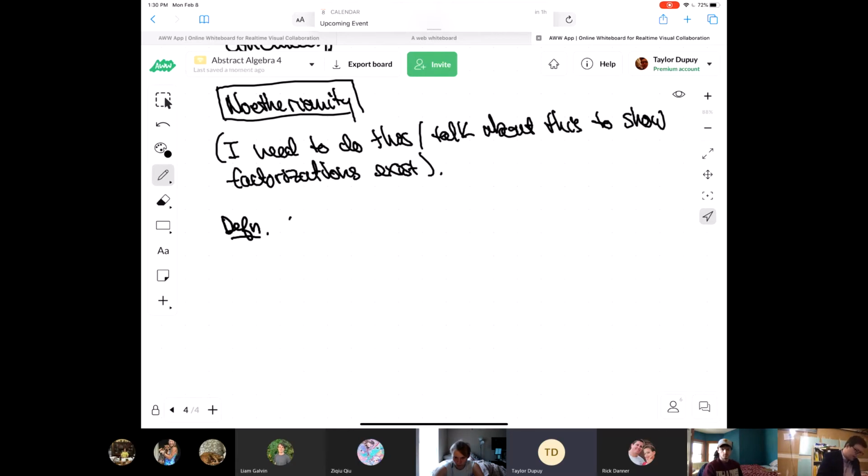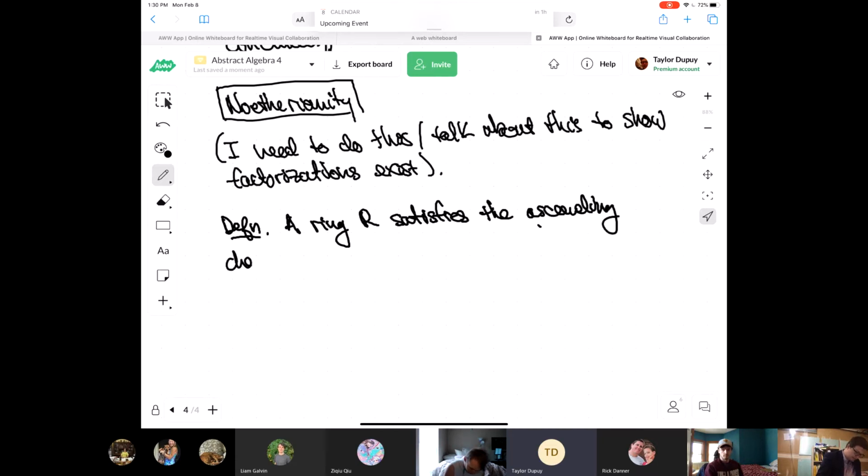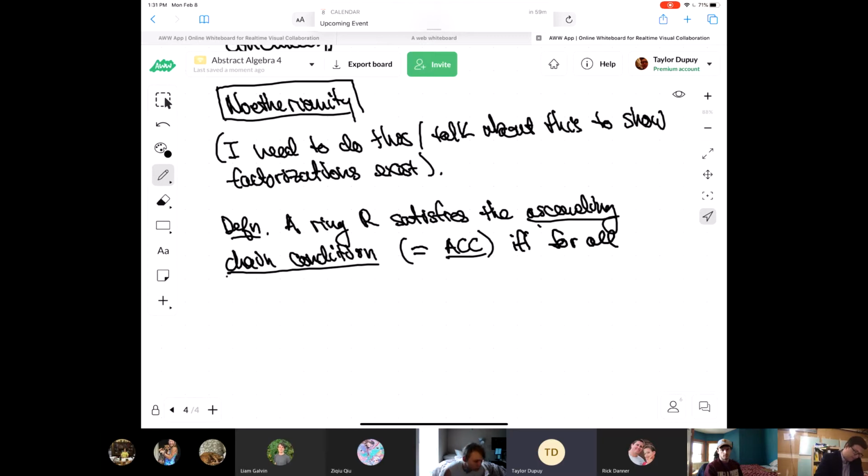A ring R satisfies the ascending chain condition if and only if every chain of ideals terminates.